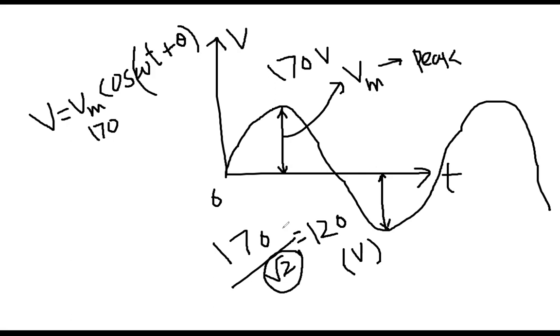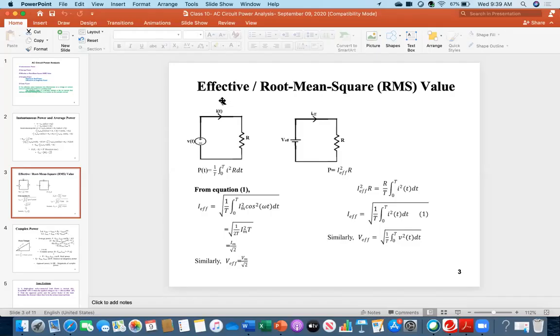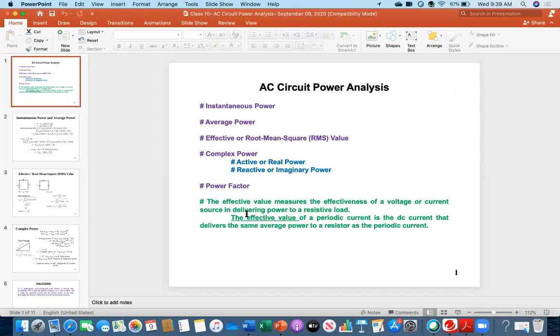So let me go back there. Everybody say that is the thing I will be learning now: effective or root mean square value. So what is the definition? Everybody see, I have written something. The effective value measures the effectiveness of a voltage or current source in delivering power to a resistive load.